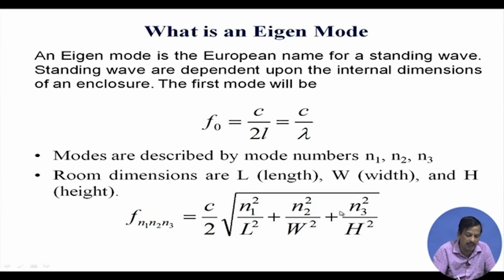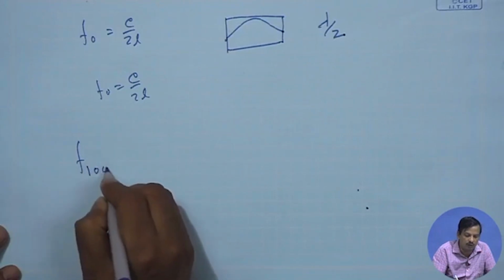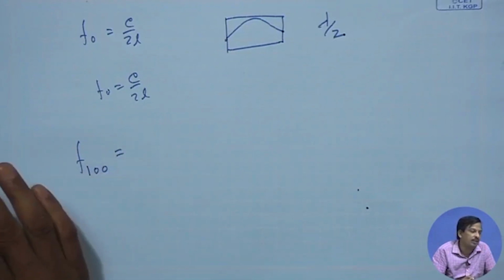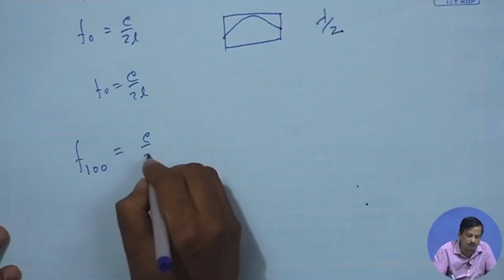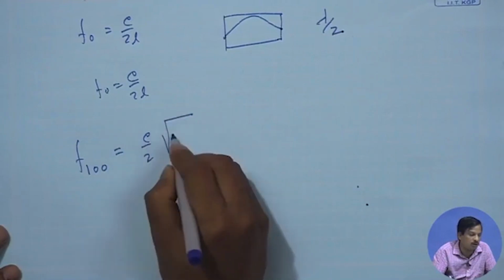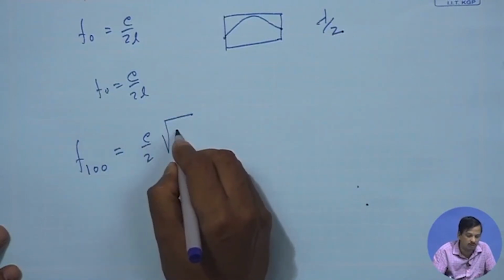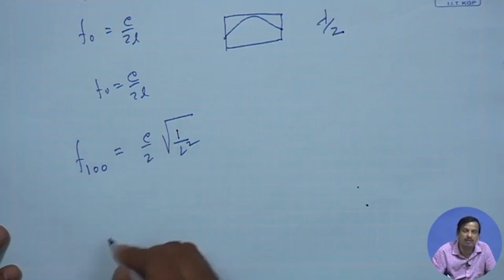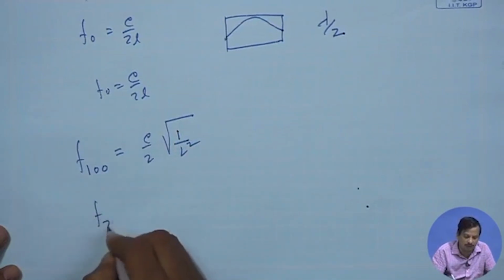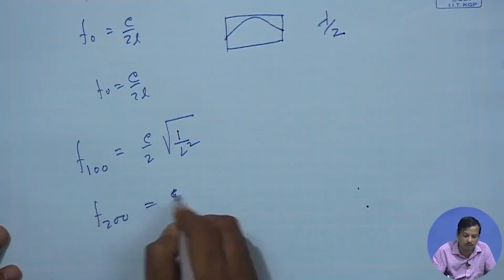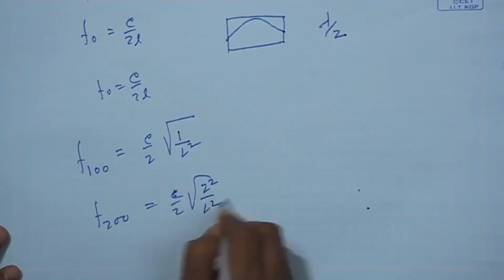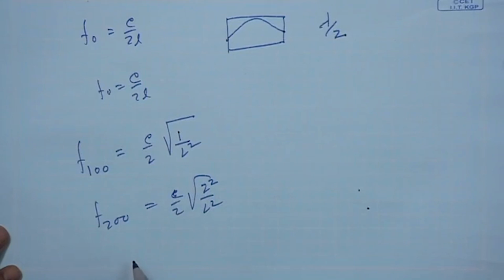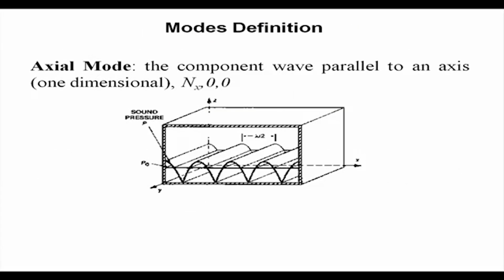So, if it is F1 0 0, the mode exists only along the length, then C by 2 into root over of N1 is 1, so 1 by L square. Second mode F2 0 0 is C by 2 root over of 2 square by L square. I can calculate the standing wave modes.